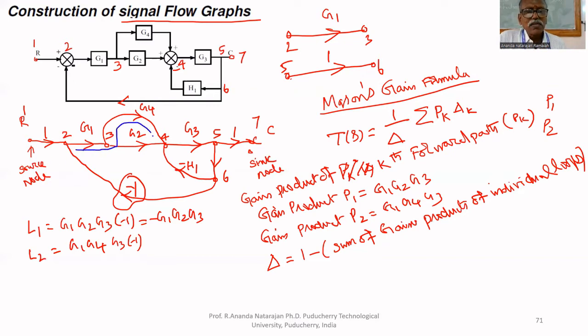I am traveling G1, G4, G3, then coming here. This is the second loop, L2. The first loop is this way. The third loop is 4, 5, 6. L3 equals G3 times minus H1, because H1 is in minus. Gain of 5 to 6 is 1.